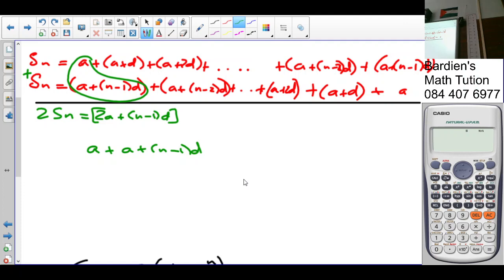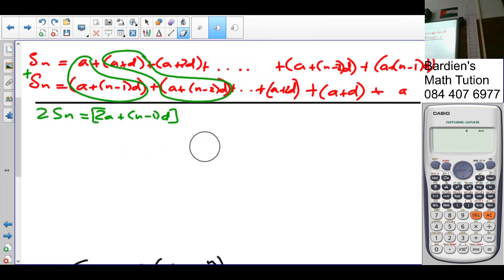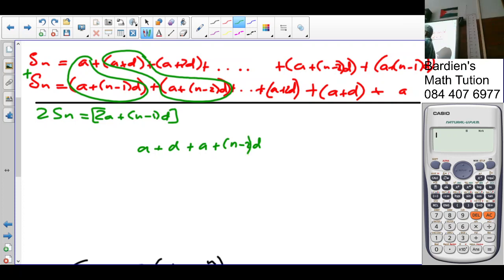Can you see that? So let's add these two terms: 2a plus (n minus 1)d, which I wrote down here. What will happen if I take a plus d plus a plus (n minus 2)d?